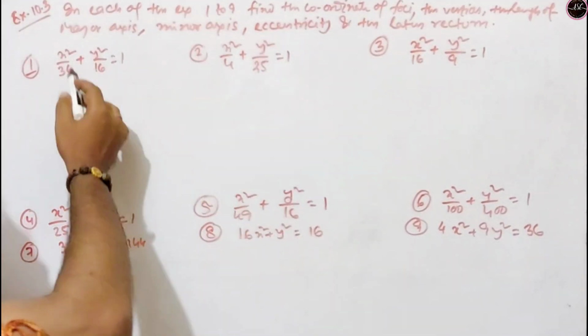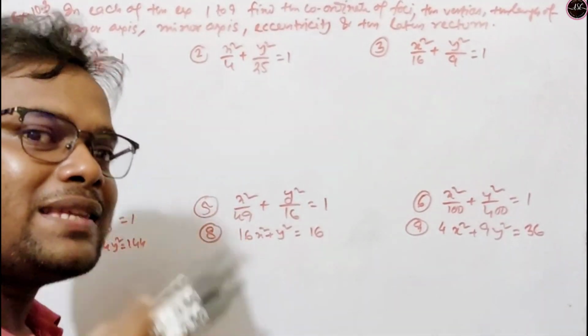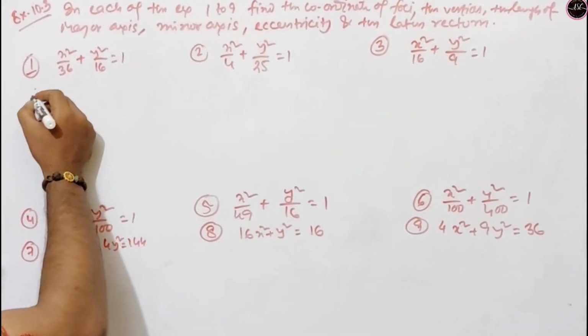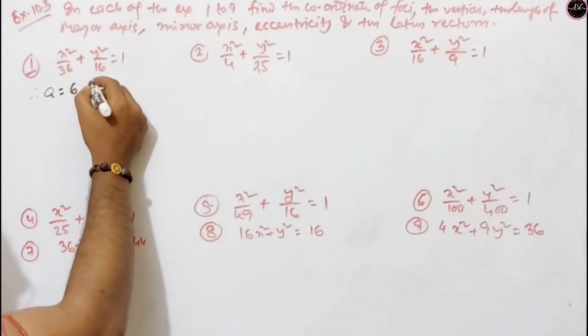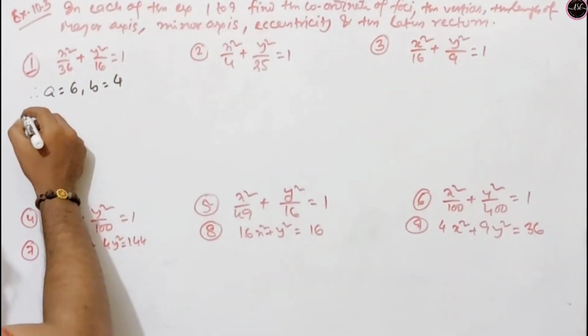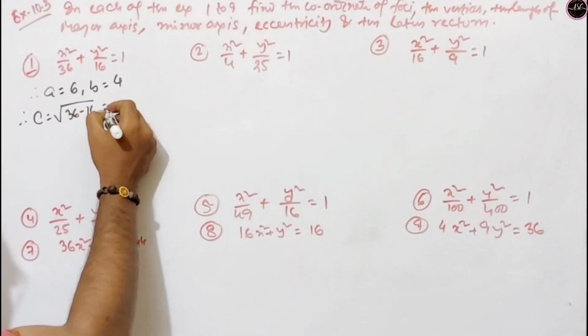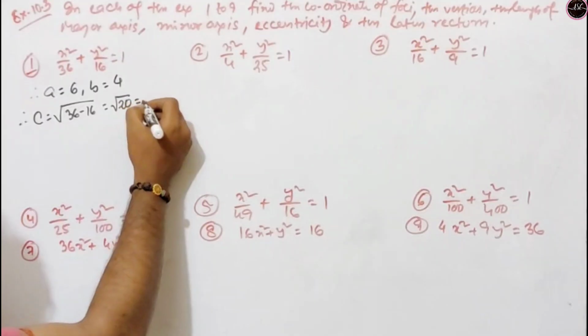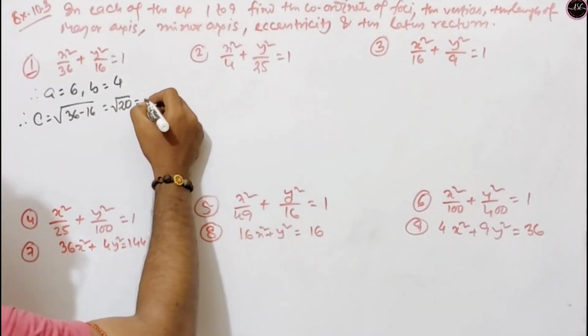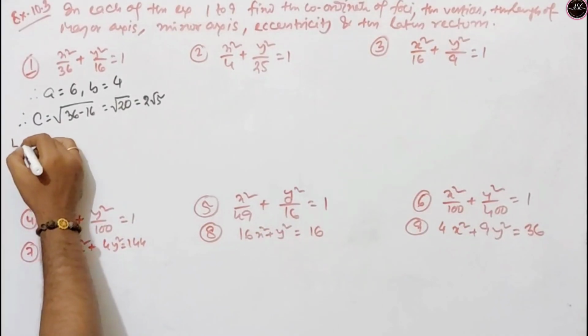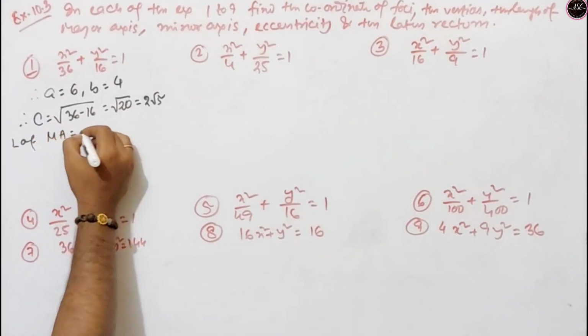So therefore a equal to root 36 equal to 6, b equal to root 16 equal to 4. Therefore c equal to root over a square minus b square equal to root of 36 minus 16, that means root 20, equal to 2 root 5.